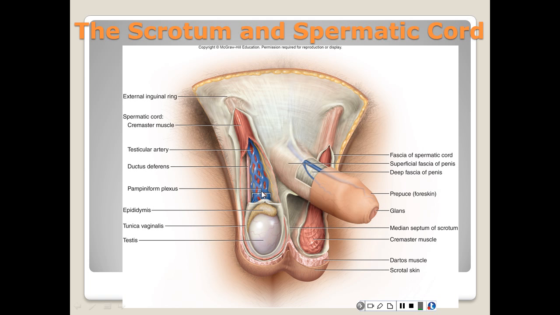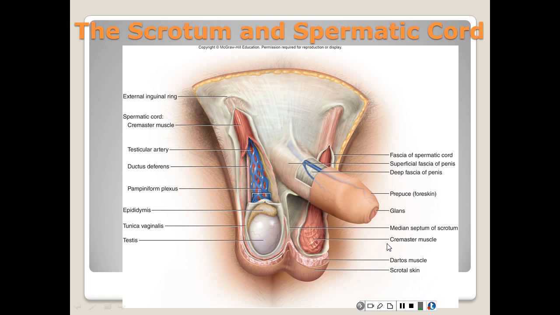So what are the three mechanisms that help in regulating the temperature? We have the two muscles. We have the dartos muscle, which also raises the testes upward when it's cold, and gives it that wrinkly look.